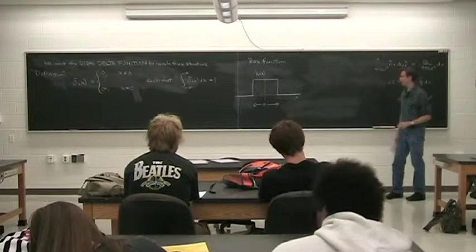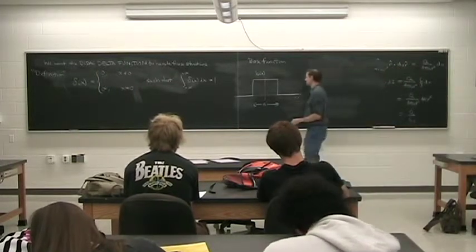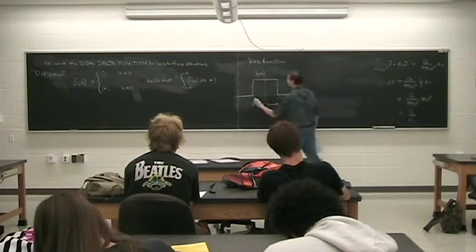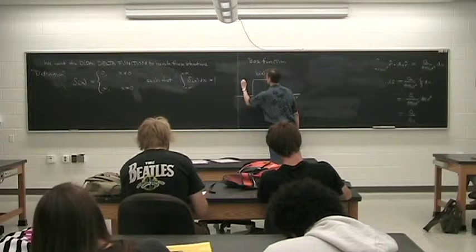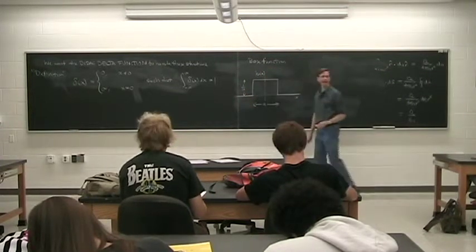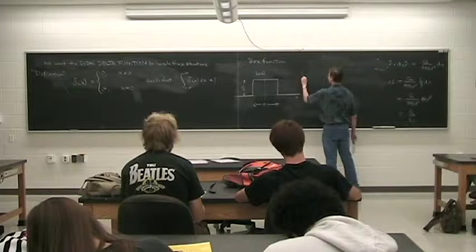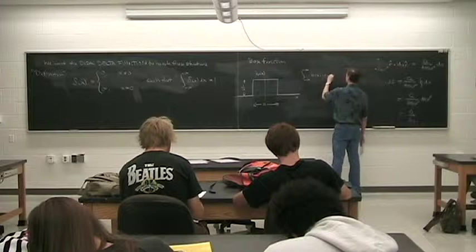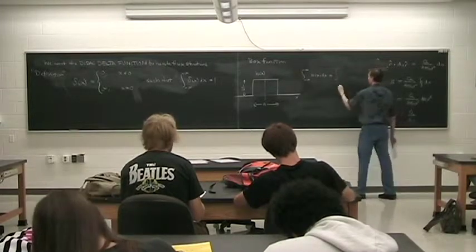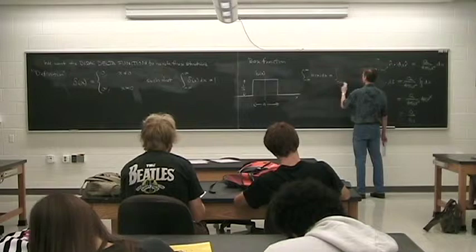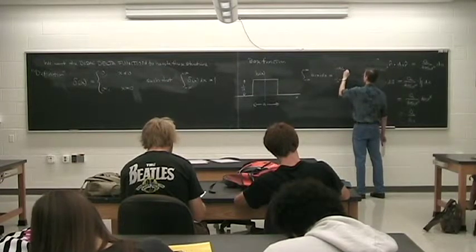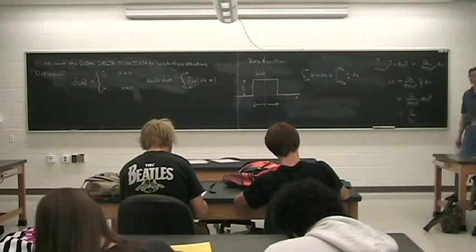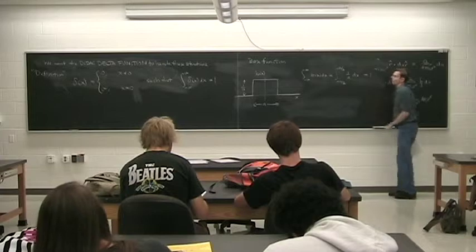It goes from x equals minus a over 2 to plus a over 2. And the height of the box is 1 divided by a. So clearly here, the integral of the box function from minus infinity to infinity is just the integral from minus a over 2 to a over 2 of 1 over a dx, or in other words, it's just the area of that rectangle, and that's clearly equal to 1.